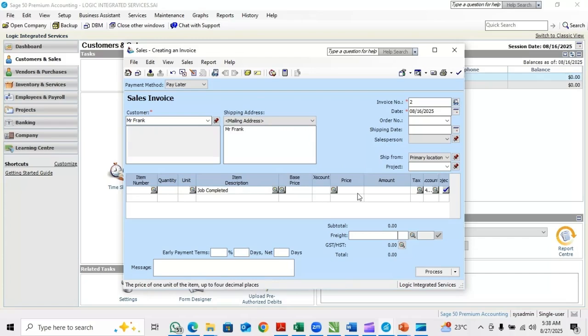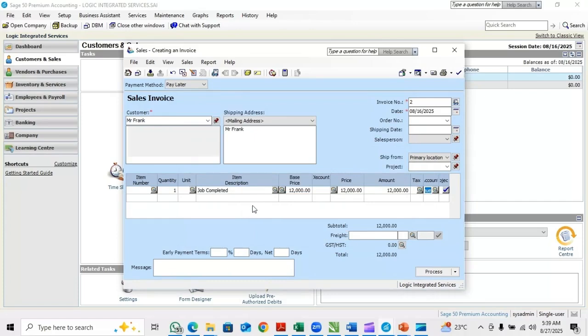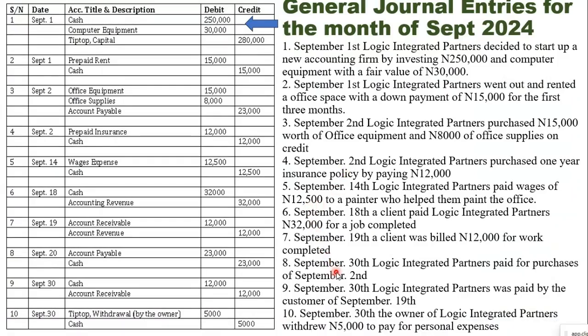So we are going to say it's 12,000 naira, and the accounting revenue, we are going to credit the accounting revenue. So we are done with this. This is creating a sales invoice that is unpaid. We process it. Then we go to the next transaction.